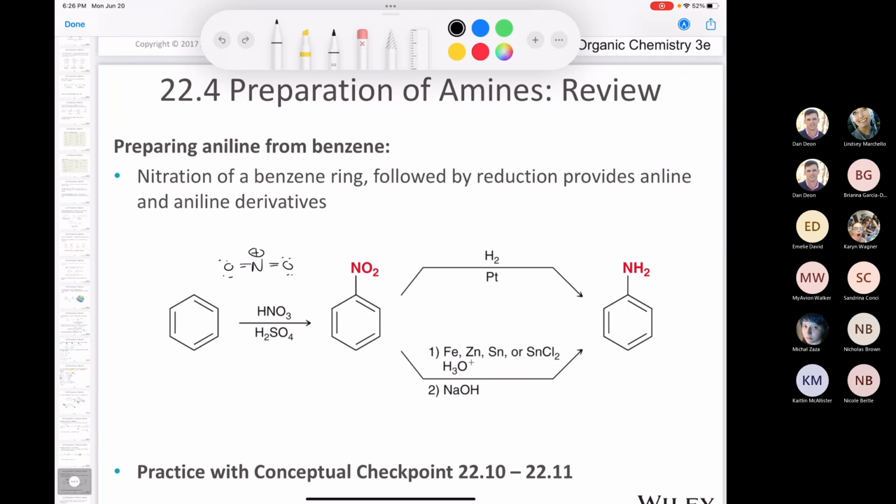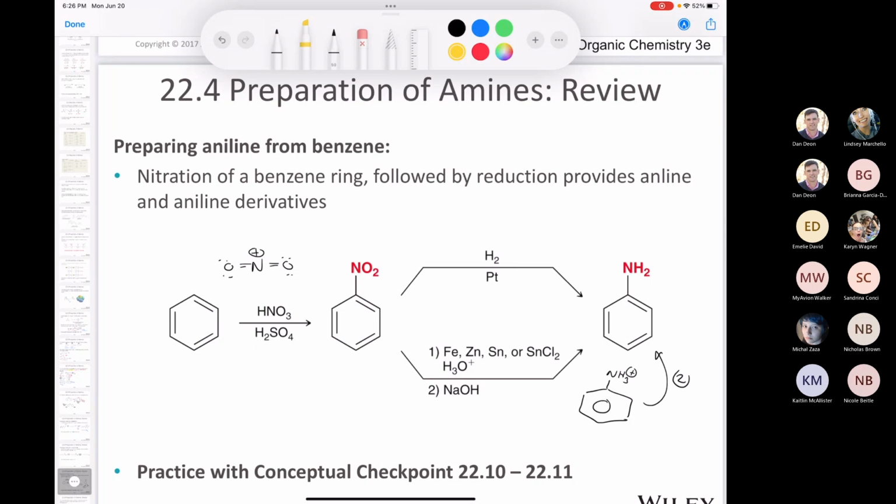We said you can reduce nitro groups with hydrogen and palladium, platinum, or nickel. But we also said you can use a whole host of metals like iron, zinc, or tin in acid. What that gives you first is the anilinium ion, NH3 plus, and then you have to treat it with sodium hydroxide in the second step to make the aniline.